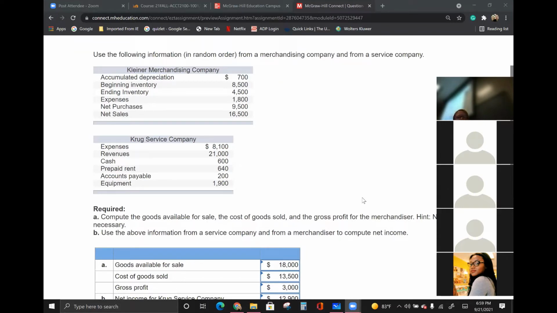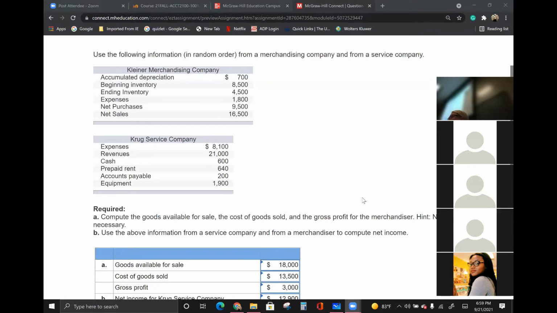Another question is, how are we figuring out single numbers from two companies? You're looking at them separately. It's almost like doing two different questions in one. They're just giving you two separate companies with different numbers, but you're calculating them a little differently because one's a merchandising company.